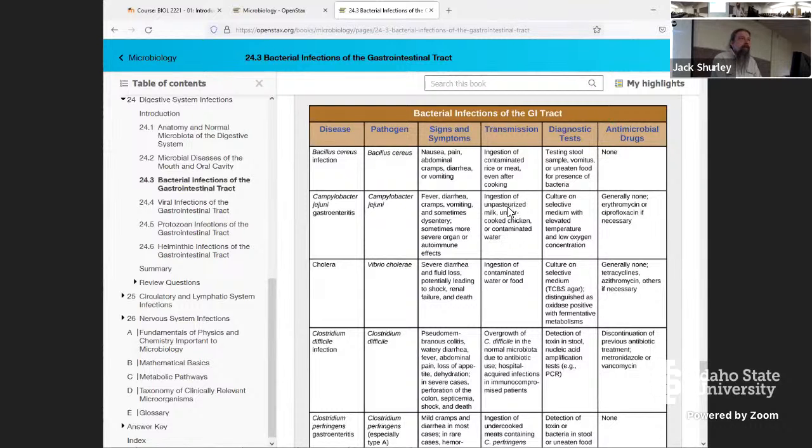But it's the milk that's really kind of the main player with that. So fever and diarrhea, cramps and vomiting, sometimes dysentery. There can be other issues dependent upon the immunity of the individual. And there are some antimicrobials as potentials with it. There are definitely issues as we start moving through here, thinking about, do you use antibiotics or not? All right.